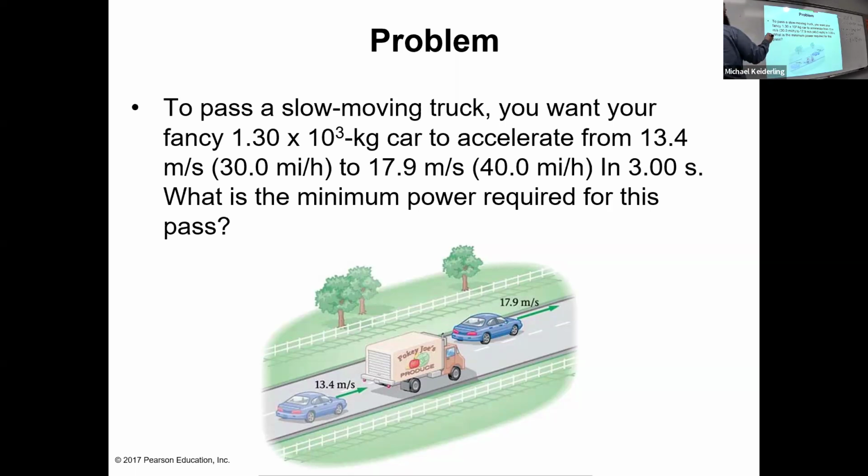So work will be 1/2 m v final squared minus 1/2 m v initial squared.